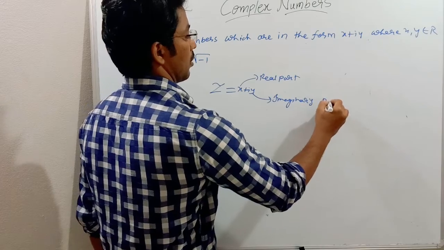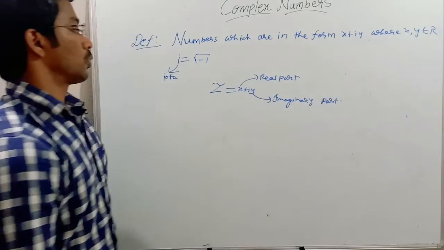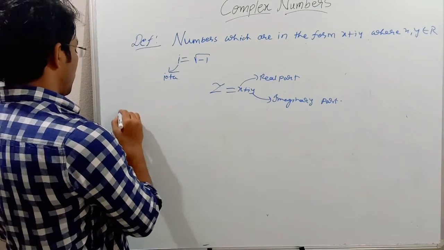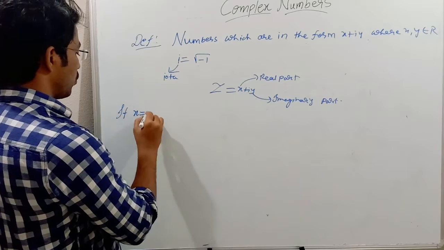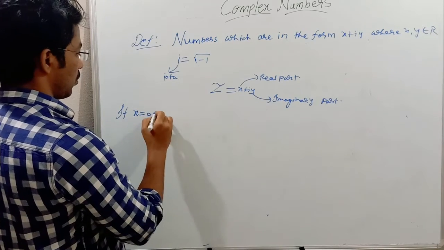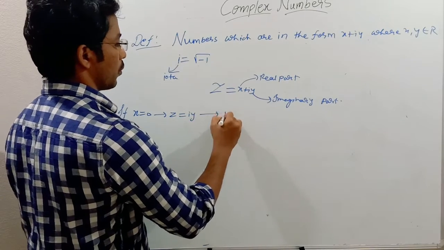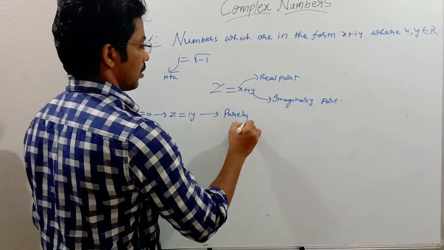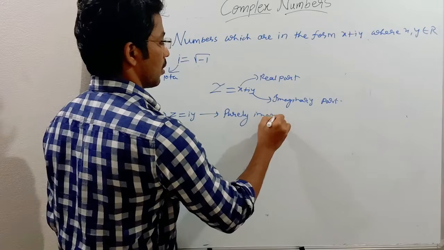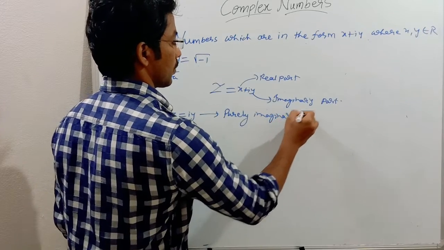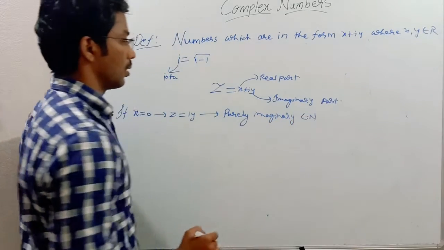So for example, if x is equal to 0, then the complex number becomes iy, which is a purely imaginary complex number.